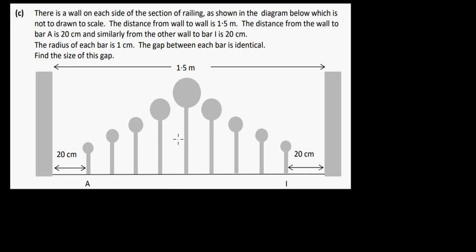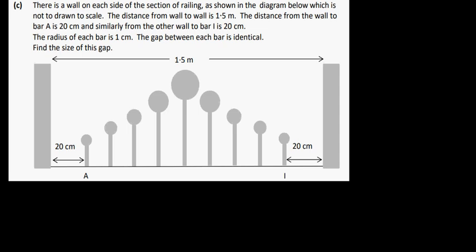Okay, so this is again reasonably straightforward, reasonably short anyway. We're going to take the 1.5 and subtract the 40. We've got 20 here and 20 here. Let's convert 1.5 meters to centimeters because that's what we're dealing with. So it's 150 centimeters from here to here.